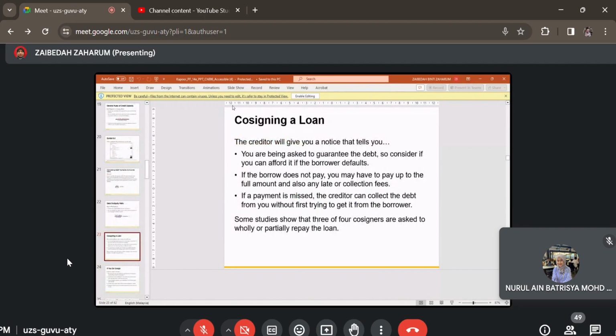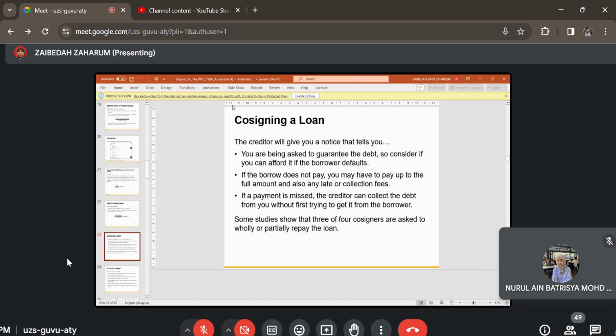Alright. Next one, kita pergi pada consigning a loan. Consigning a loan ni kind of like sama macam kita jadi penjamin lah. So dekat sini, the creditor will give you a notice that tells you that you are being asked to guarantee the debt. So consider if you can afford it if the borrower default. Maknanya you dilantik sebagai penjamin lah kepada borrower tadi.